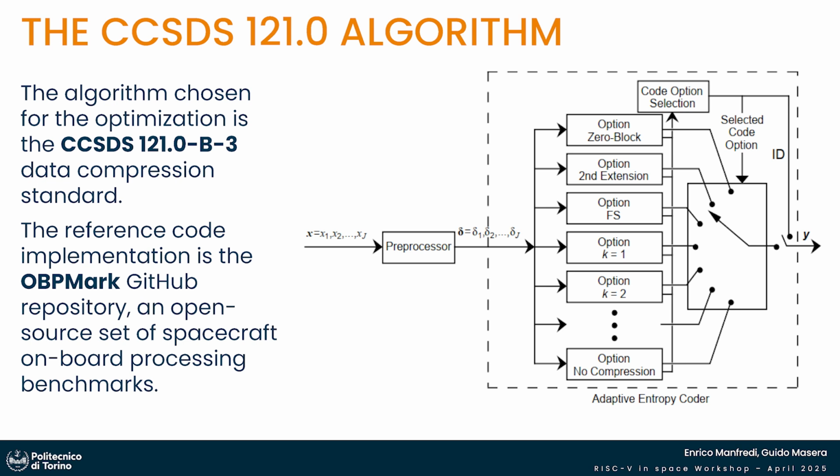The reference code implementation used for this work has been taken from the OBPMark GitHub repository, an open source repository where a bunch of computational benchmarks for space applications can be found.